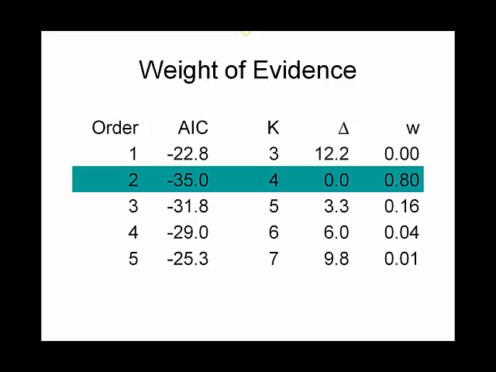And if we do that now for our fifth order models, what we get is a new column w that now has the weight of evidence in favor of a particular model. And so what we can see is that our AIC best model has 80% of the evidence, the second best model has 16% of the evidence, and the others are correspondingly lower.